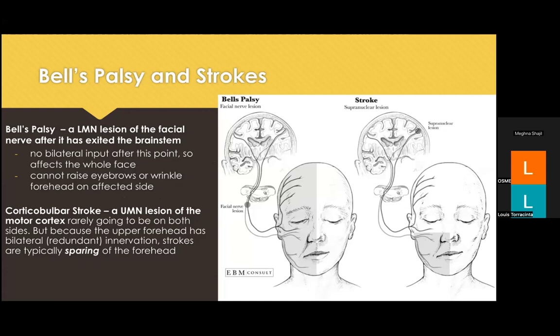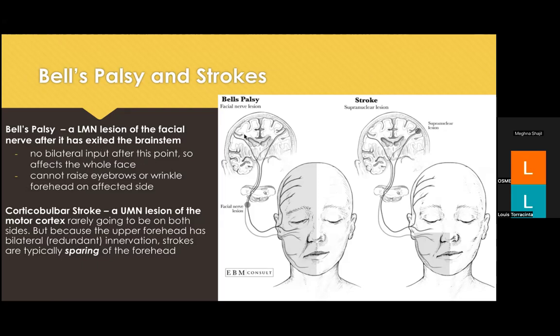So how do we distinguish between Bell's palsy, which is a facial nerve lesion below the brainstem, as you can see on this diagram, there's the lesion there, versus a stroke, which is obviously above, going to be in the cortex? Well, we know in a Bell's palsy, it's after the nerve has exited the brainstem, so there's no bilateral input after this point.